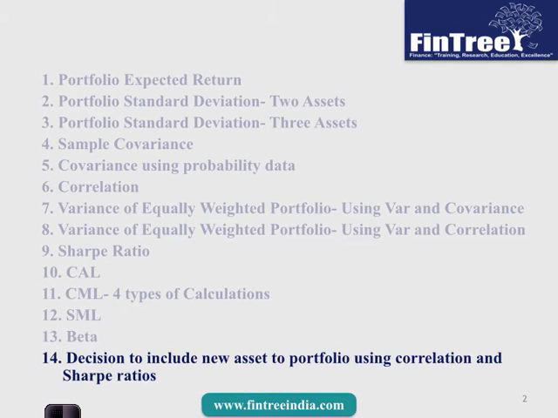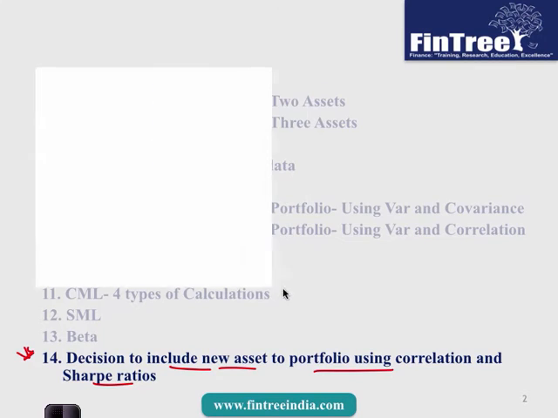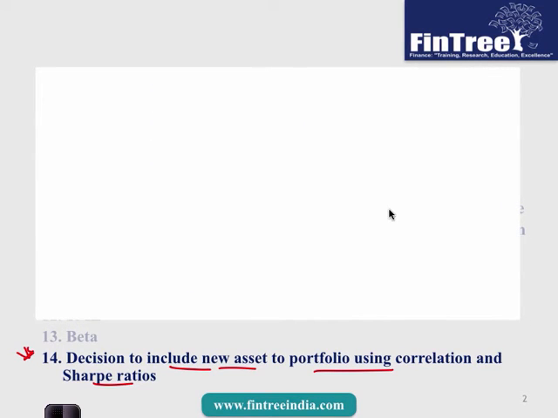Next formula. Now this is an interesting one. Decision to include a new asset to a portfolio using correlation of Sharpe ratios. So how do we deal with this? Let us say that current Sharpe ratio of your portfolio is given as 0.4.